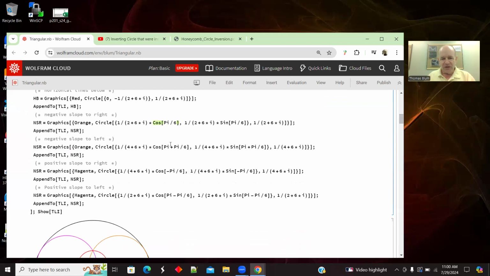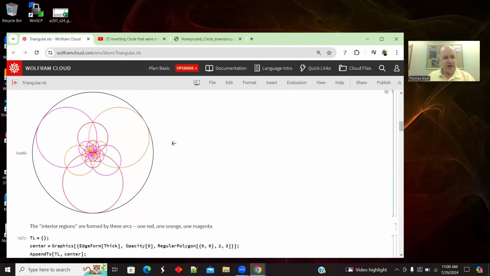Going in the opposite direction, I just added a pi, which of course gets me 180 degrees on the other side of the circle. For the positive sloping ones, I had a minus pi on 6. And then on the opposite side, positive slope but to the left, I added a pi.